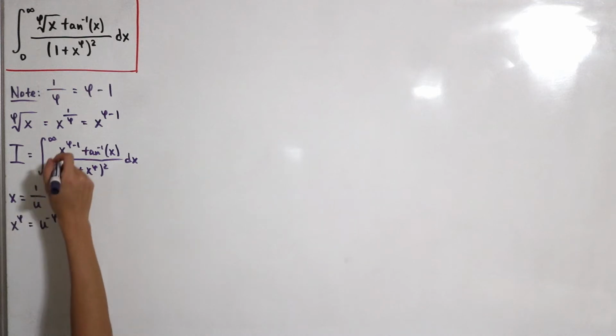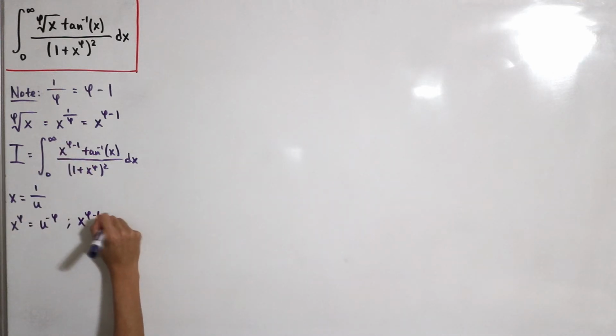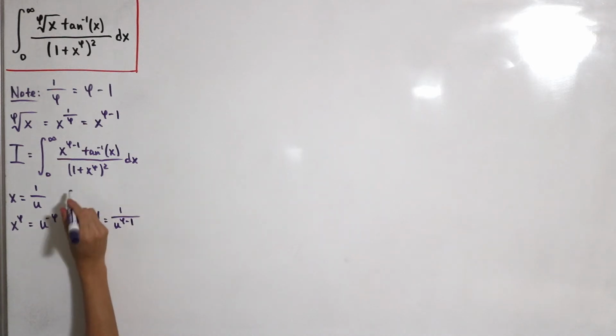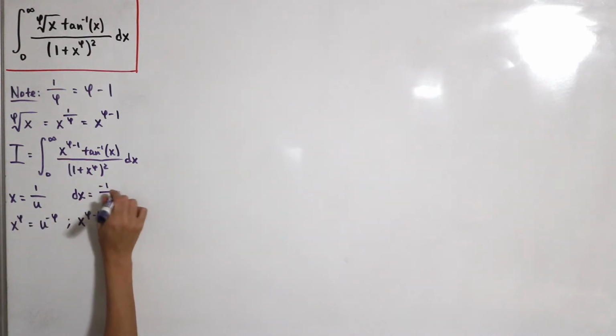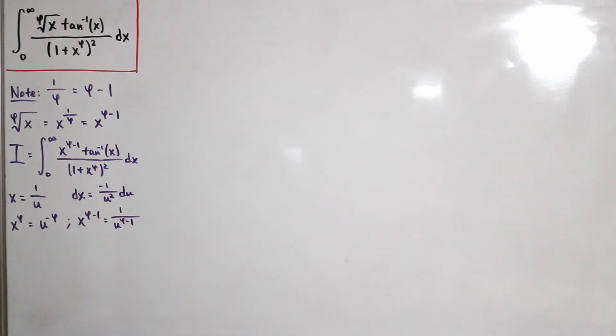And for x to the power phi minus 1, we have 1 divided by u, to the power phi minus 1. Then for the differentiation, dx equals the derivative of 1 over u, which is negative 1 divided by u squared, du. From there, we can perform our substitution.